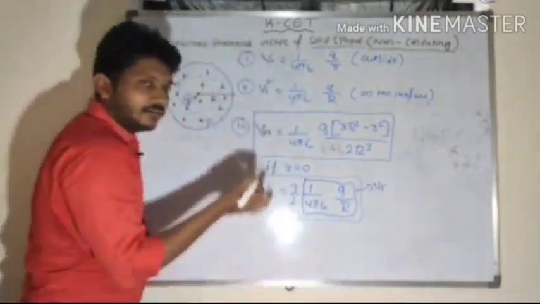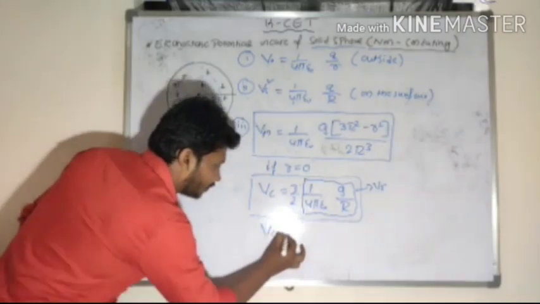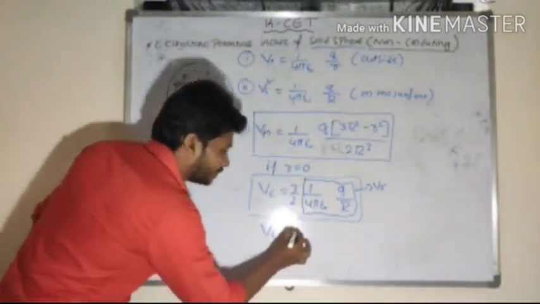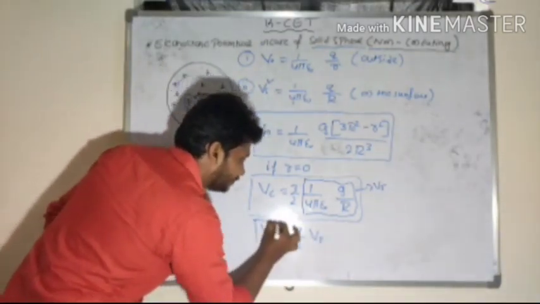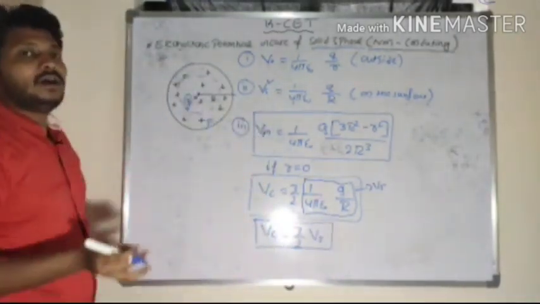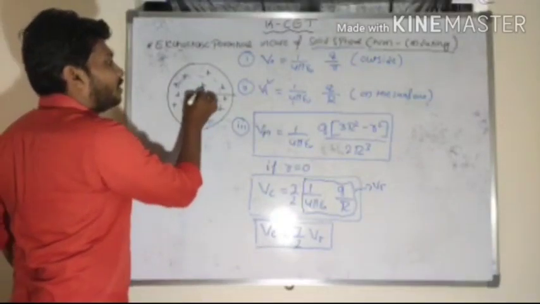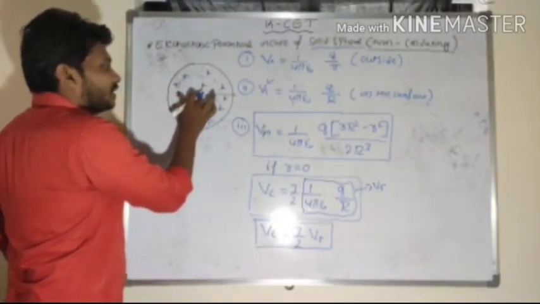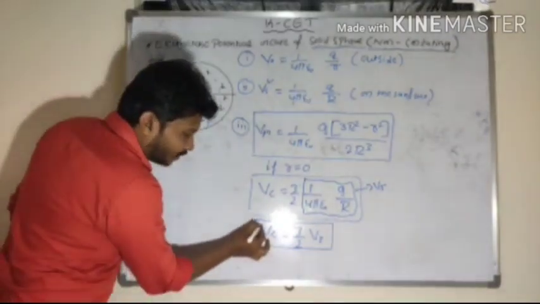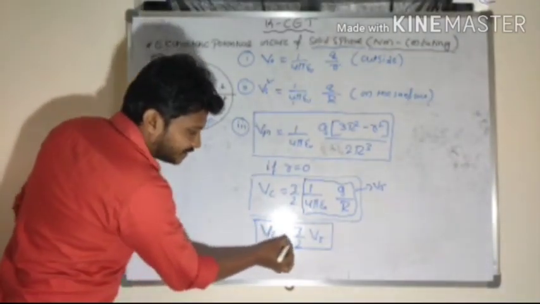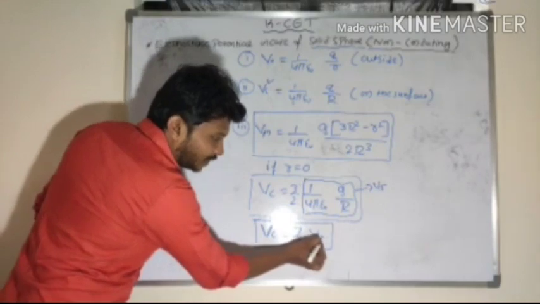So this is V of S. Shall I write that the potential at the center of the sphere is equal to 3 by 2 into the potential at the surface here? That is the connecting formula for potential at the center of the sphere to that at the surface.